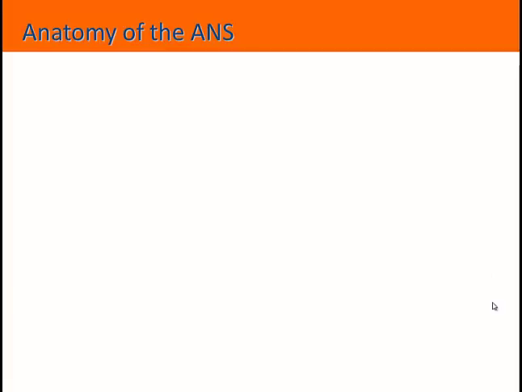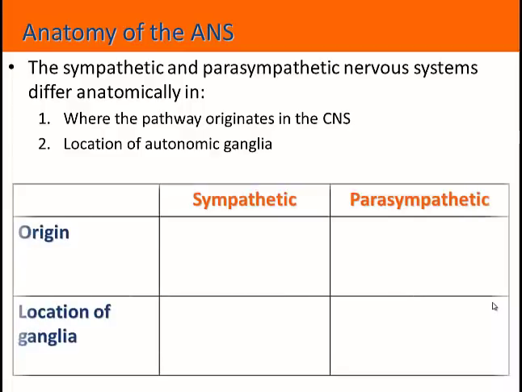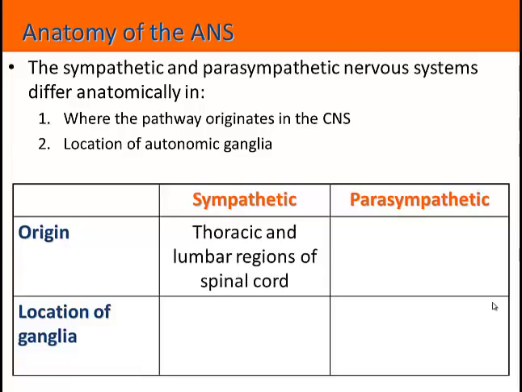In discussing the anatomy of the two branches of the autonomic nervous system, there are a couple of distinctions we want to make. They differ anatomically in where the pathway originates in the central nervous system and where the autonomic ganglia reside. For the sympathetic nervous system, the origin is the thoracic and lumbar regions of the spinal cord, so in the lateral horns at those areas.